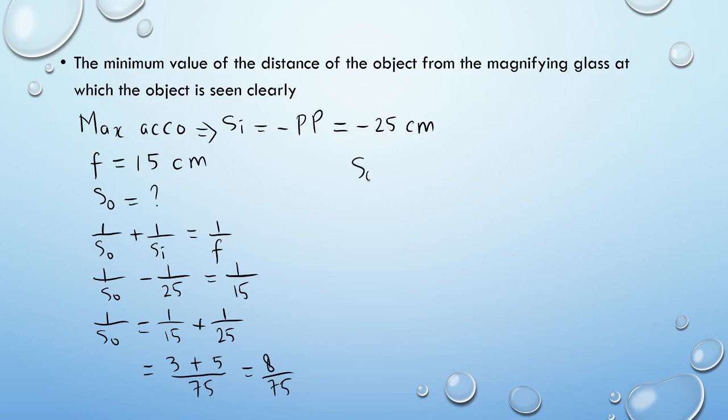So the SO equals 75 over 8 centimeter, or 9.375 centimeter. This is the minimum value of the distance of the object from the magnifying glass at which the object is seen clearly.